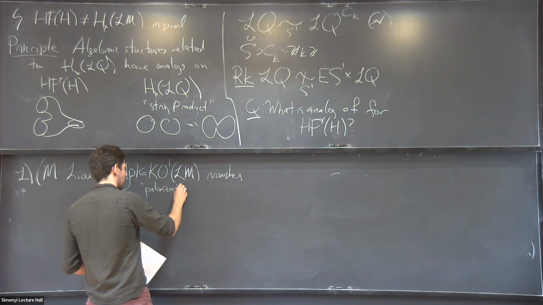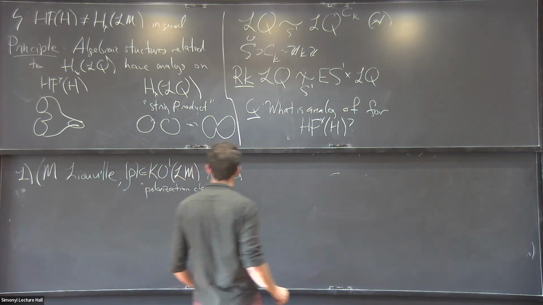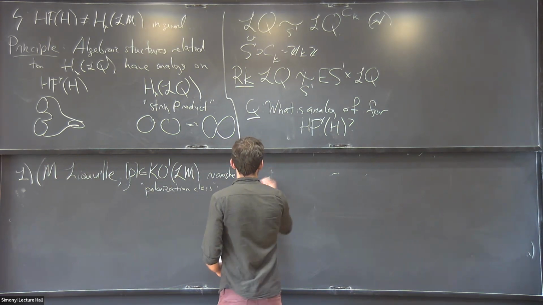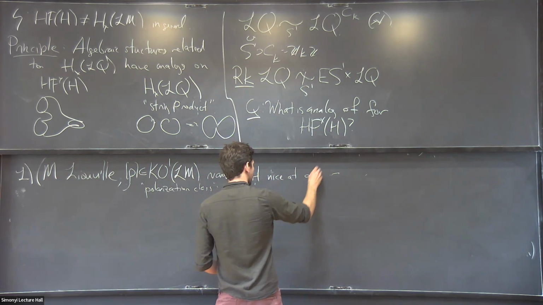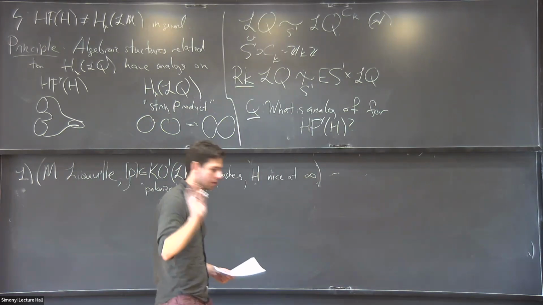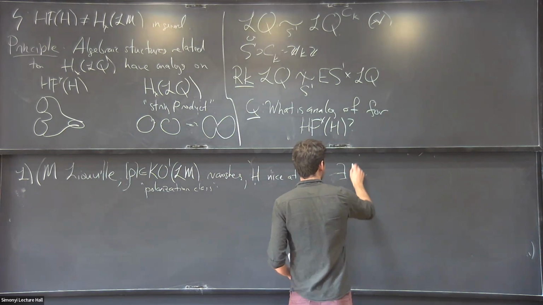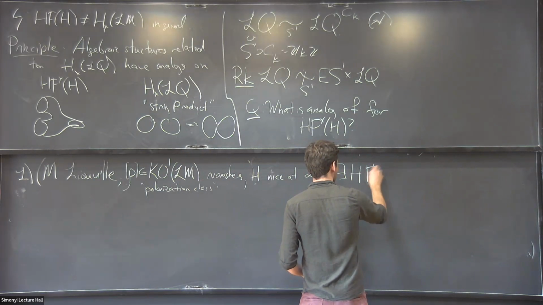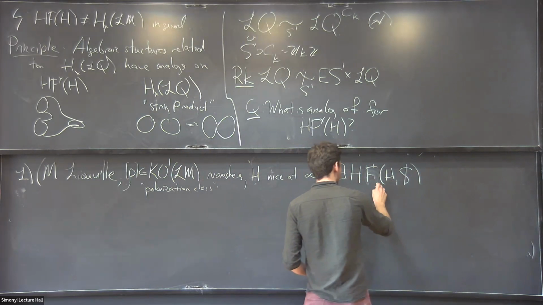Okay. So then, and H nice at infinity just means that it grows appropriately with respect to the conical coordinate. Then there is some object, and this is a spectrum.